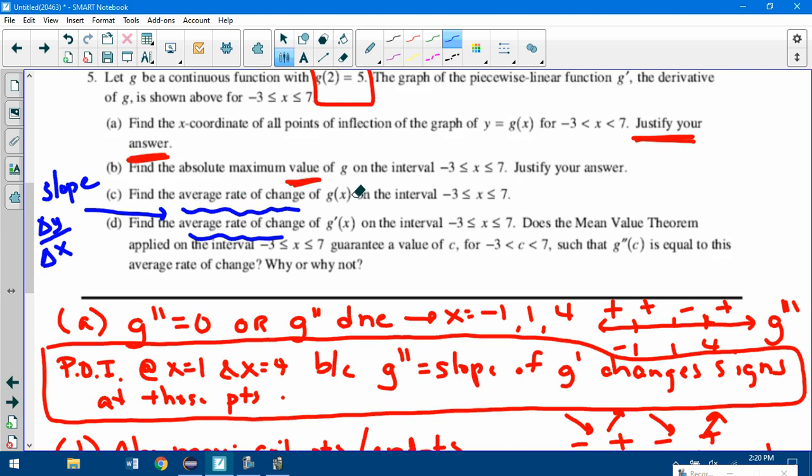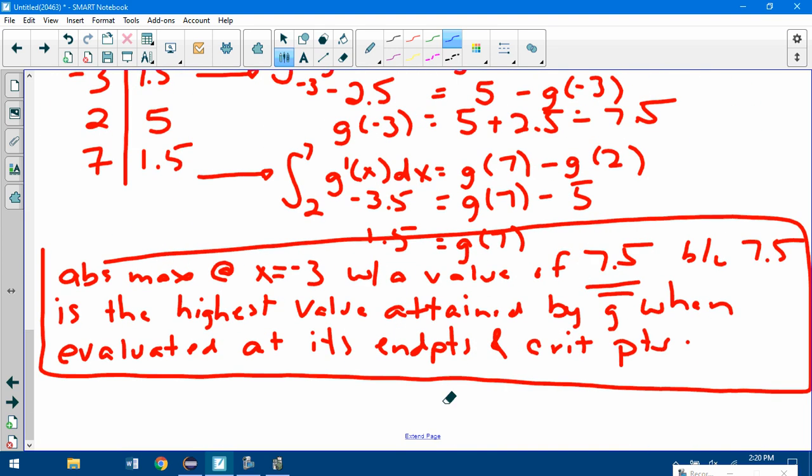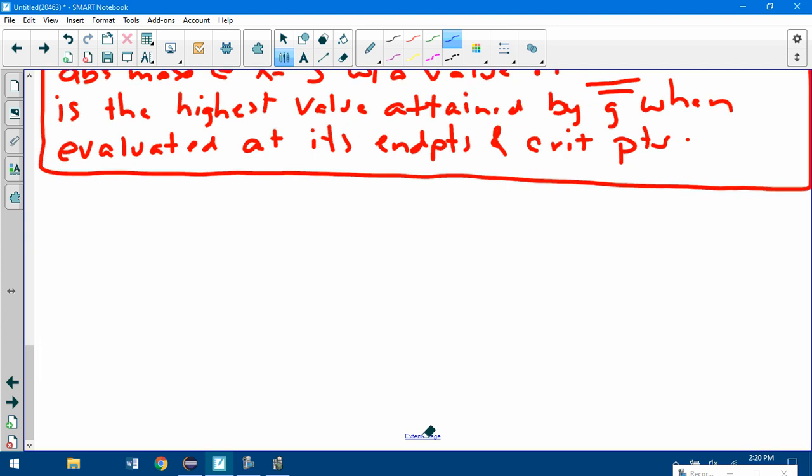So the average rate of change of g, the slope on g between negative 3 and 7. This isn't going to be that bad. So here's the x values, negative 3 and 7.